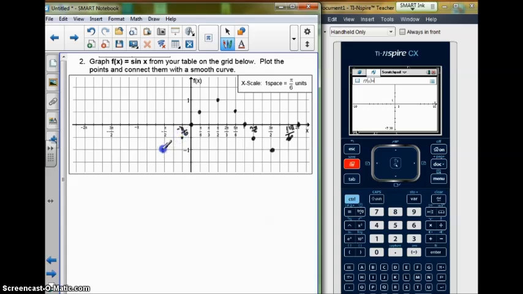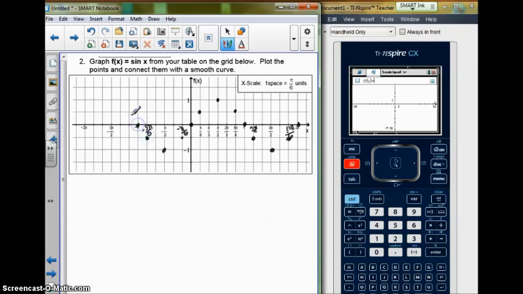Negative pi over 2 is -1. Okay, and then we're coming back around. So let's see. That was negative pi over 6. So the next one would be -5 pi over 6. So 1, 2, 3, 4, 5. And we're back to -1/2.